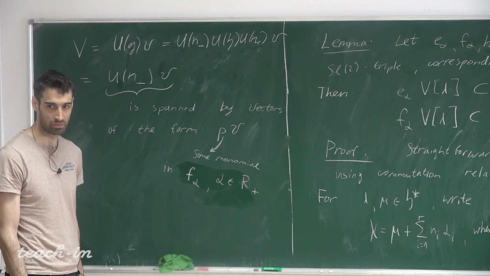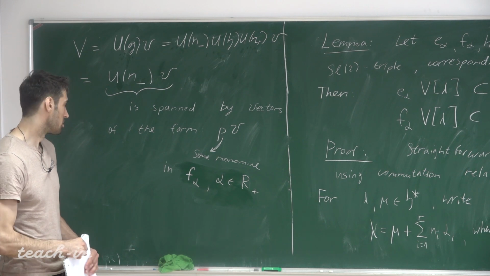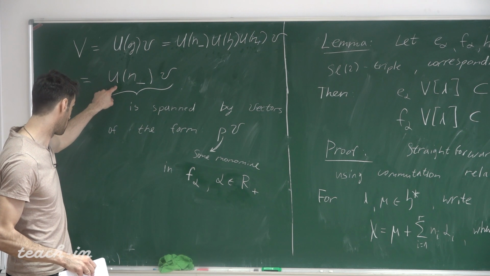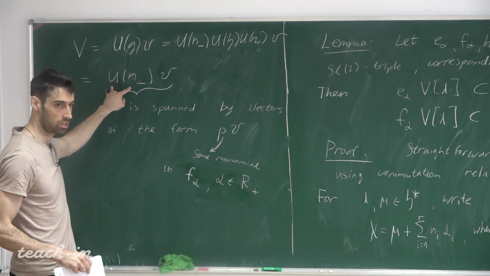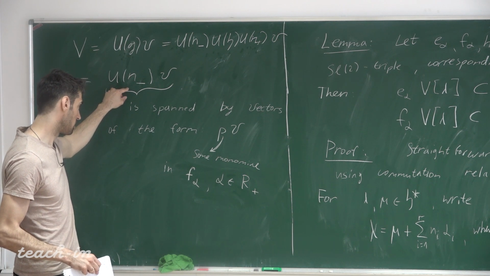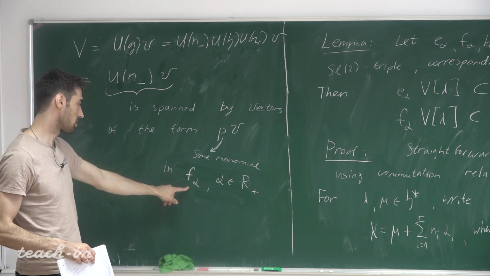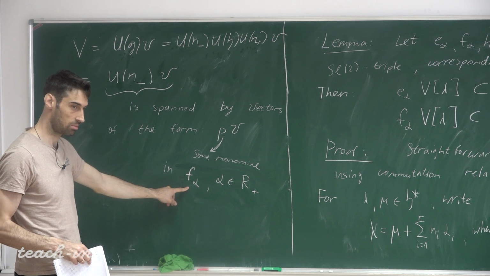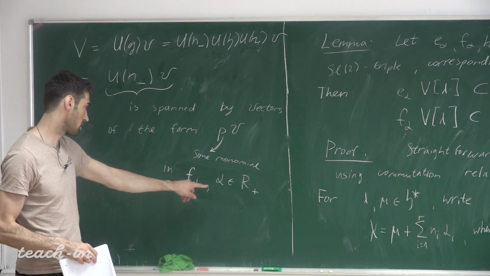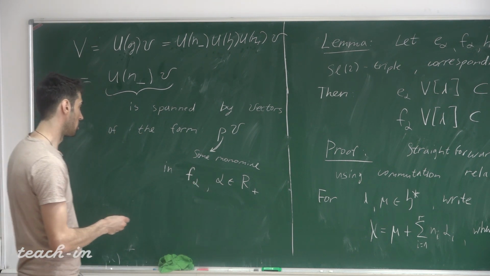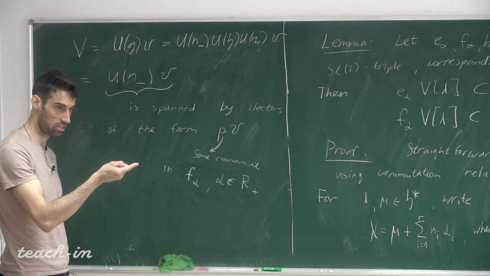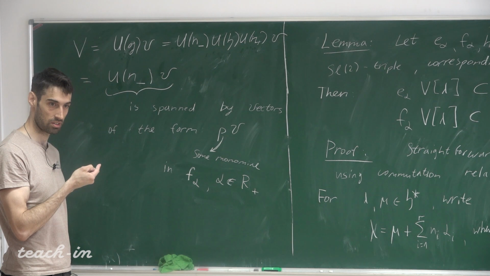So every element in here, U(n minus), is a linear combination of monomials in F alphas, because these F alphas, as alpha runs over R plus, give me a basis in n minus.